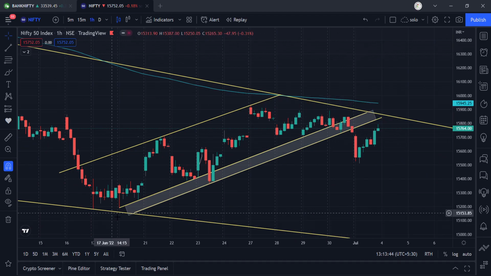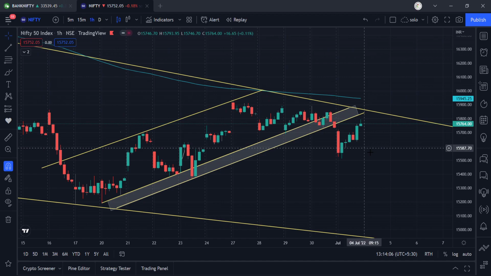I drew a counter to this trend line over here, and it showed me the result of a break of this trend. You can see this over here. So to know this only, I drew this counter, and now I came to see a change in trend line over here, right?